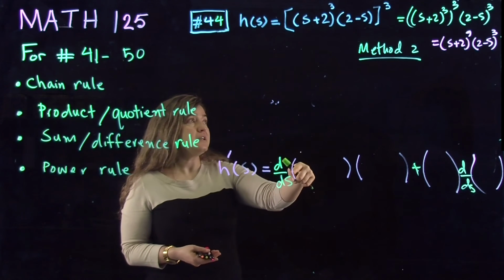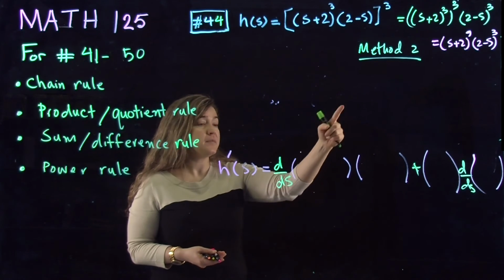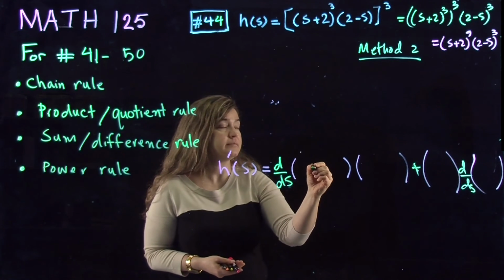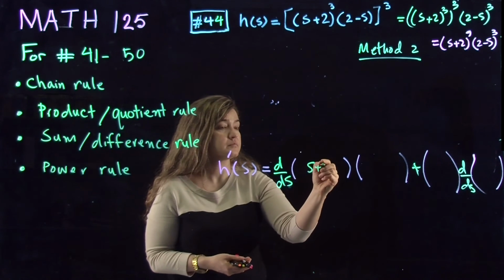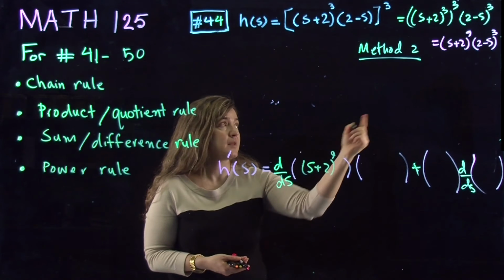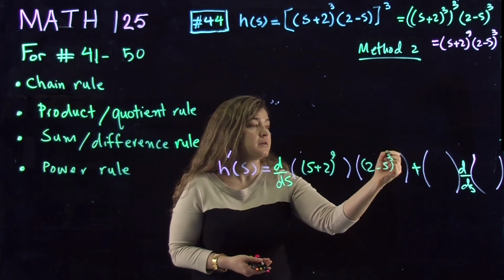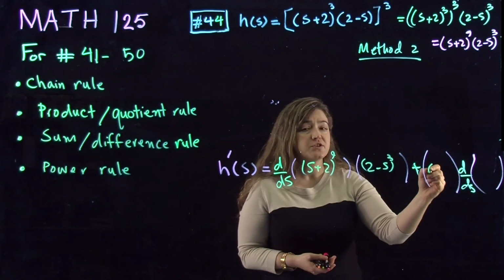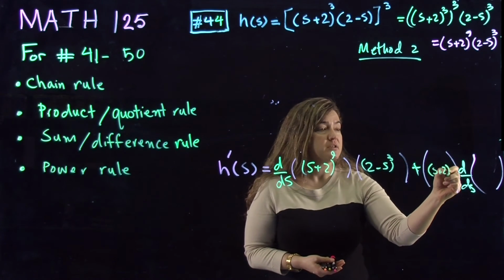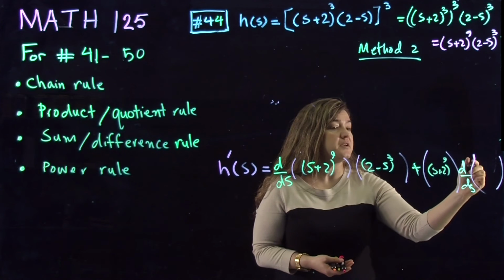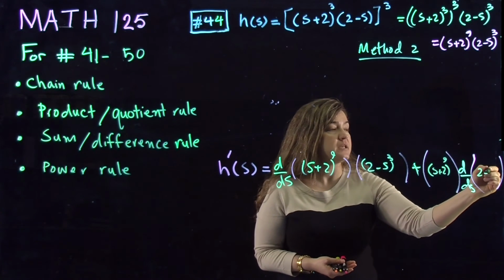And so taking the derivative of that, the first term goes in here. Then the second term is unchanged. The first term goes in here unchanged. Then the derivative of the second term goes in here.